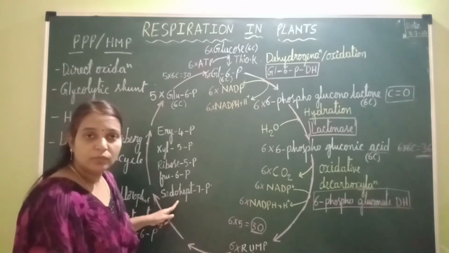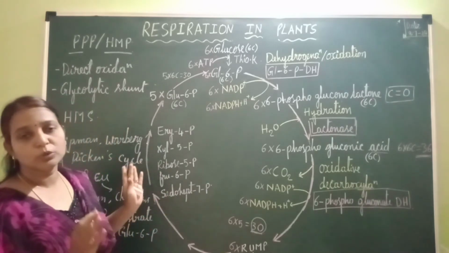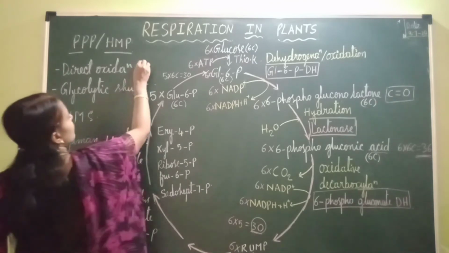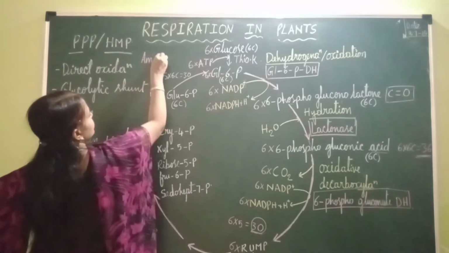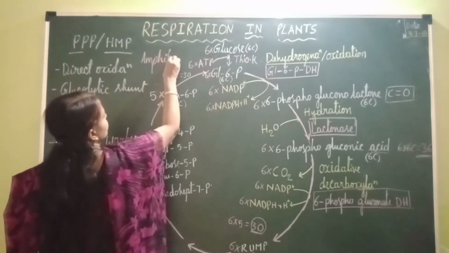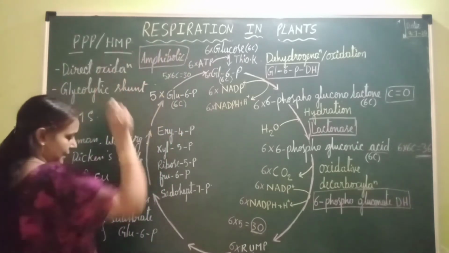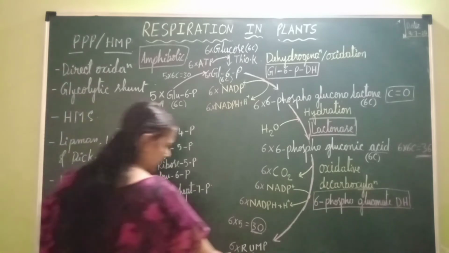As it involves both catabolism and anabolism, it is called an amphibolic pathway.